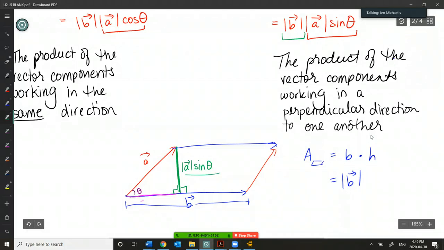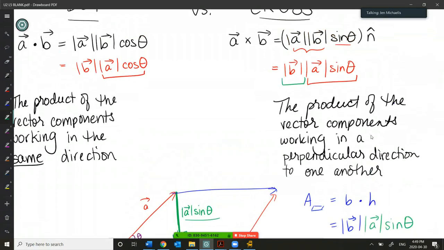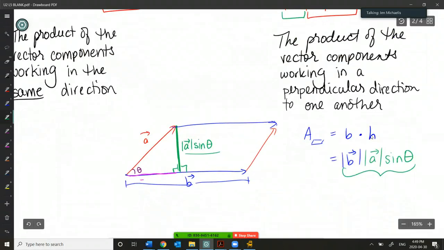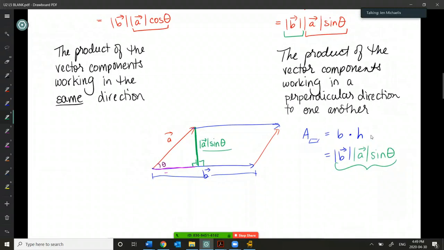Well, it's this green line here, which is the magnitude of A times the sine of theta. So if I eliminate this normal vector part, I basically just have the magnitude of the cross product, and that's giving me the base of the parallelogram times that perpendicular height of the parallelogram. And this is where that property comes from.